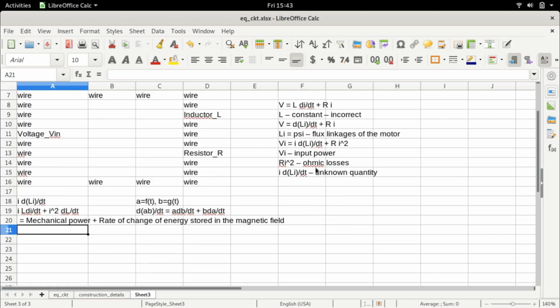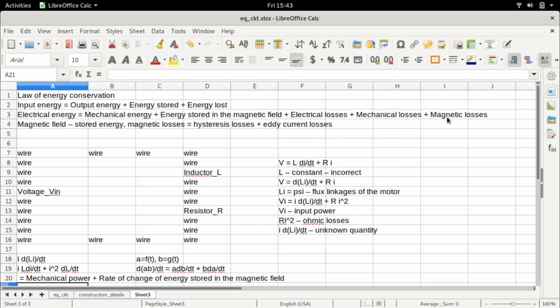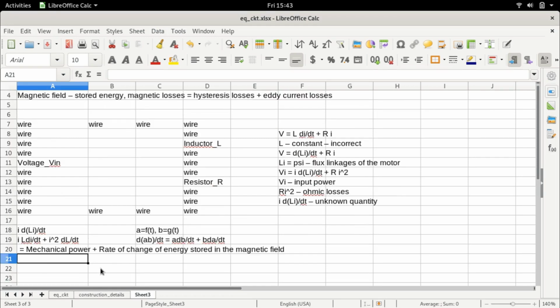For example, as I already said, unless you're looking at a very detailed model of an induction motor where we have very specific expressions for the eddy current losses and the hysteresis losses and the mechanical losses, it is quite possible that we can represent a resistor that brings in all these losses together, right? So for now, we are saying that this expression here is the sum of mechanical power and the rate of change of energy stored in the magnetic field, right?